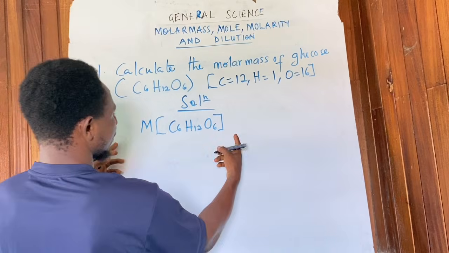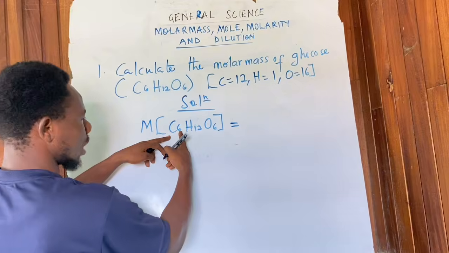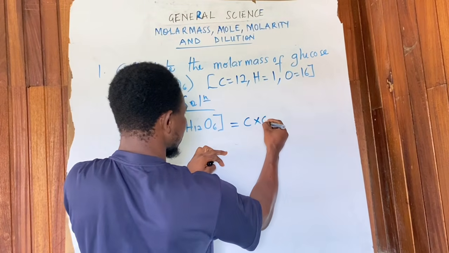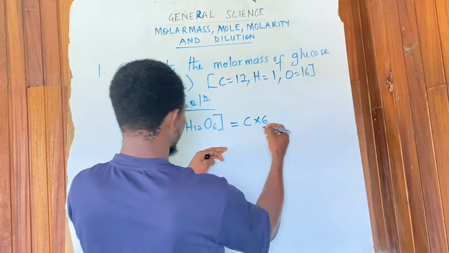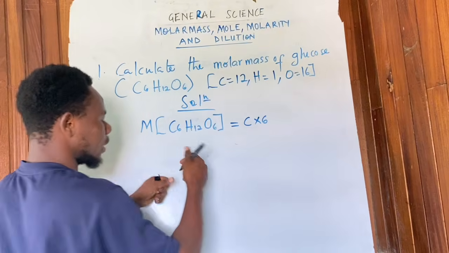Now look at this. Carbon here is having 6 atoms, so carbon here is multiplying 6. Now we will have to add these elements together.